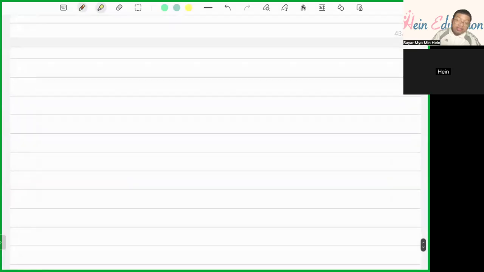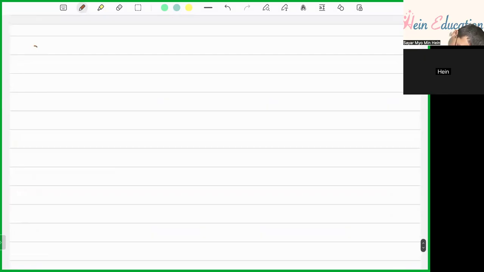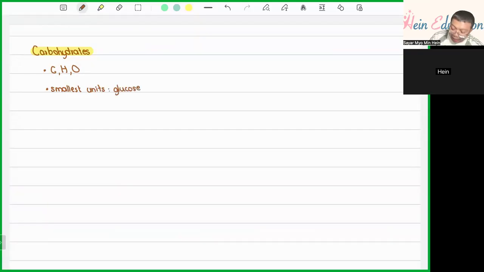So first we start off with carbohydrates. Carbohydrates contain the elements carbon, hydrogen, and oxygen, and their smallest unit is glucose, or we can also say a simple sugar.